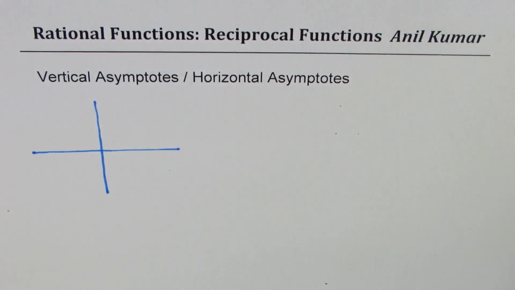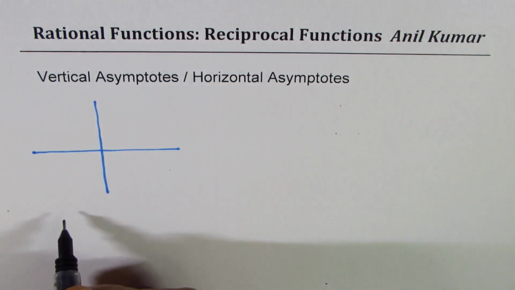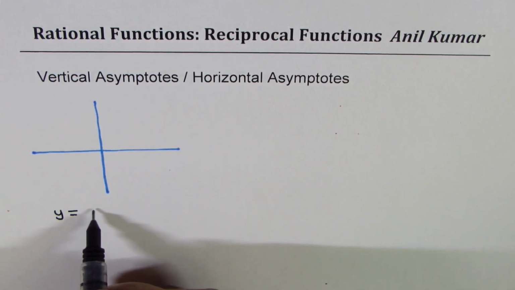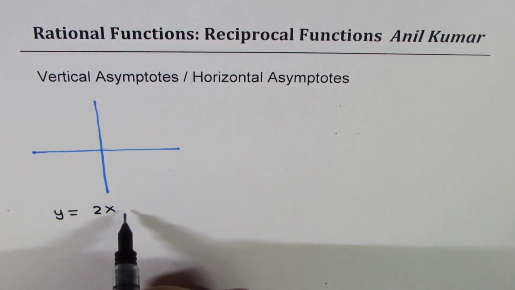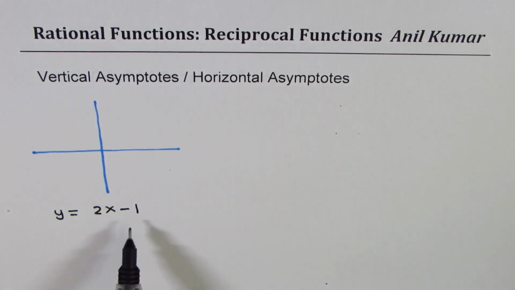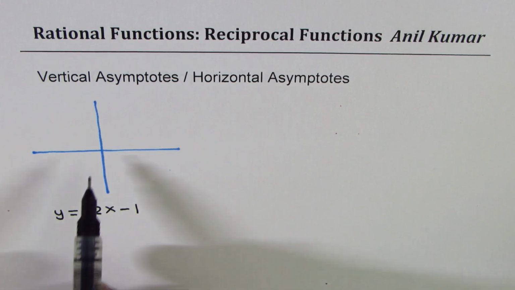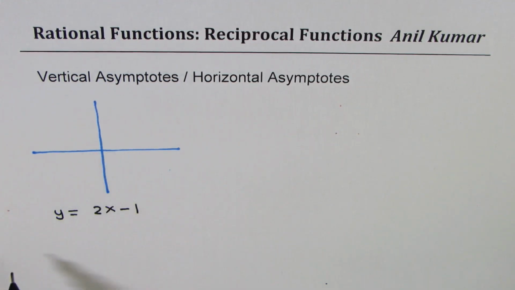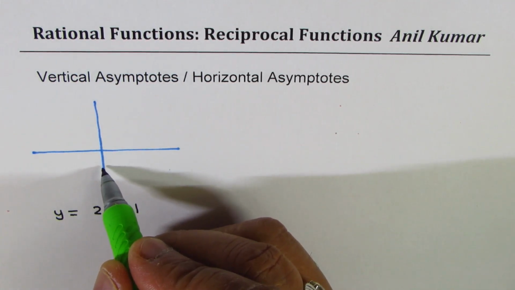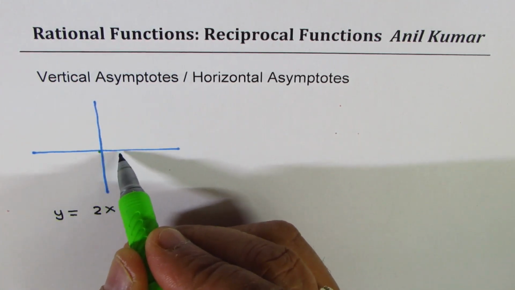Let us say the equation of this line is y equals 2x minus 1. 2x minus 1 really means that the y-intercept is going to be minus 1 and it'll go 2 up and 1 right, correct?